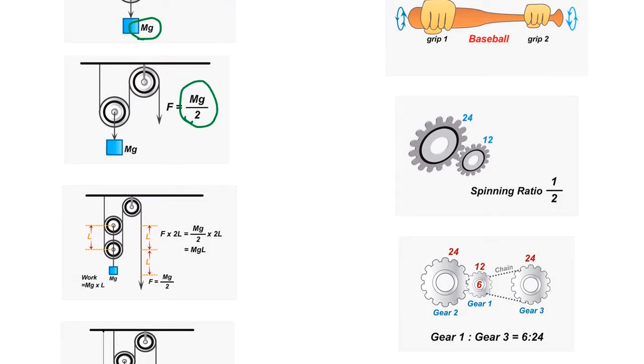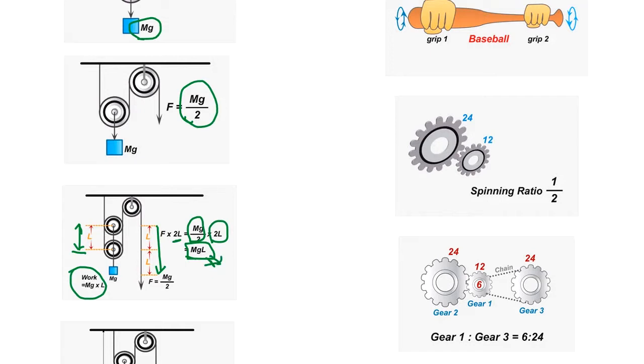The important thing about this half force is that in order to move the load by a distance L, you have to move this side a distance twice as much. So the total work is the same. Half the force, but double the distance. So the total amount of work is mgL. You don't save any energy.